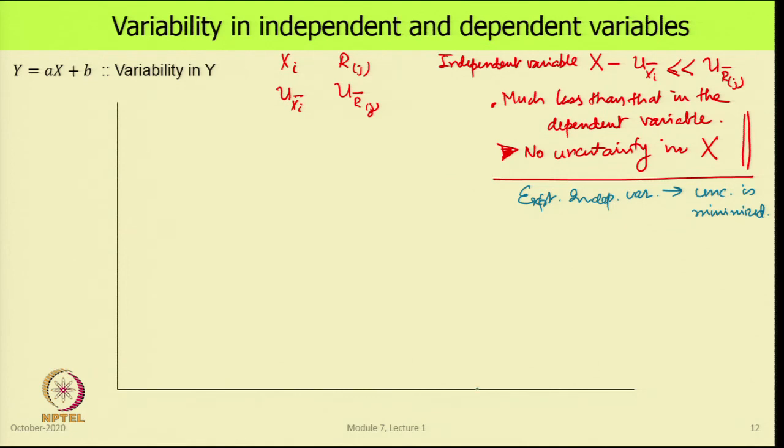So, in general that would be a strategy for designing the experiment: I want to keep the uncertainty of my independent variable as small as possible in comparison to the other parameters.